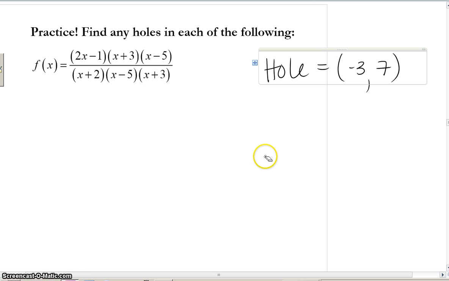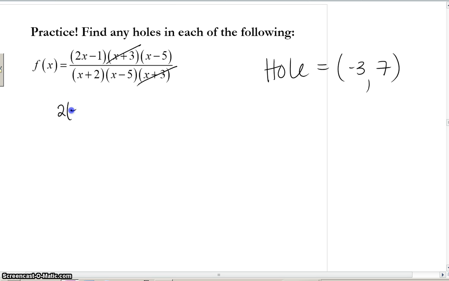So let's just go over how we got that if some of you did not get it. What do we have in common here on the top and the bottom? We have an x plus 3, which tells us that our hole is at -3. Now to find our 7, we have to plug in -3 into the remaining factors.